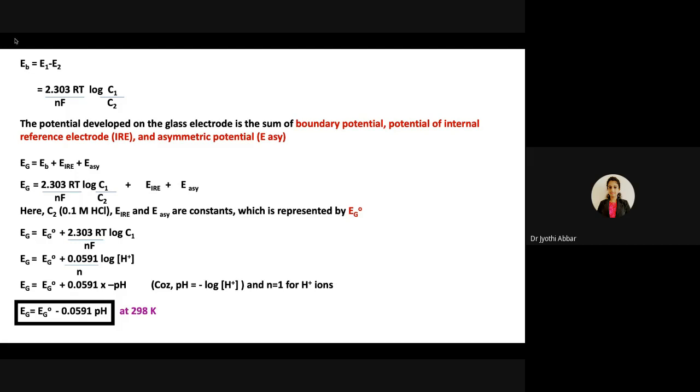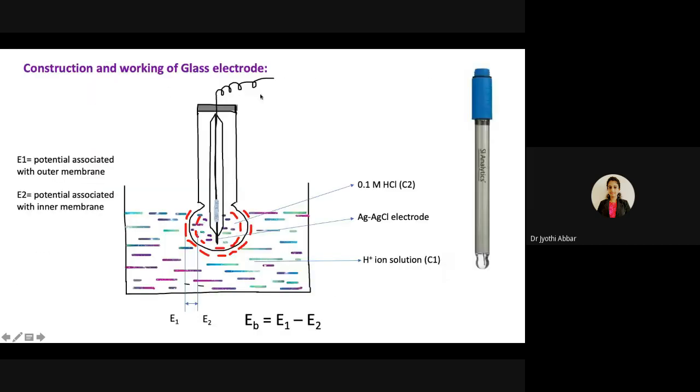How to start? So we know the Nernst equation, right? So let us substitute the Nernst equation once for E1 and once for E2. So once you substitute the Nernst equation as E naught plus 2.303 RT upon NF log of, what is the concentration for E1 here? That is outside, C1.